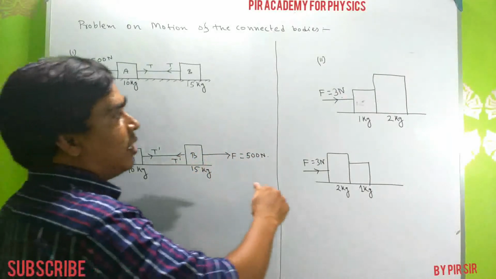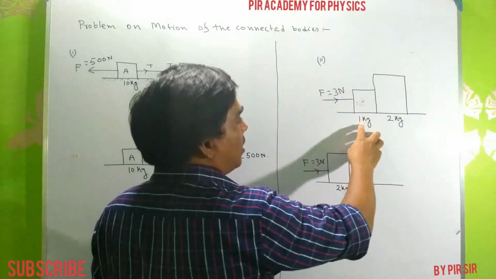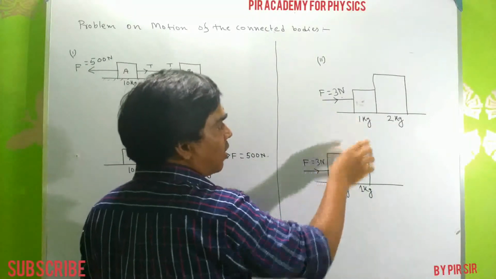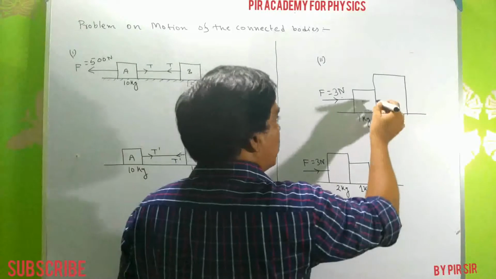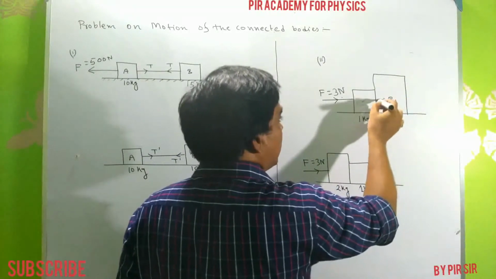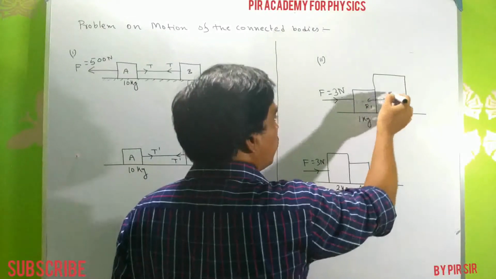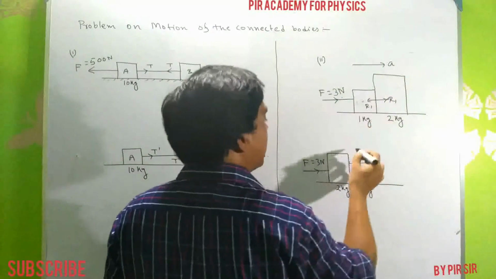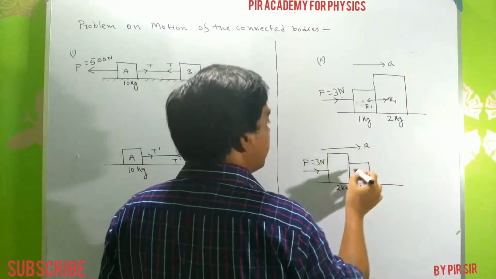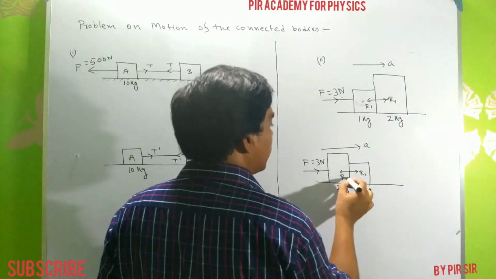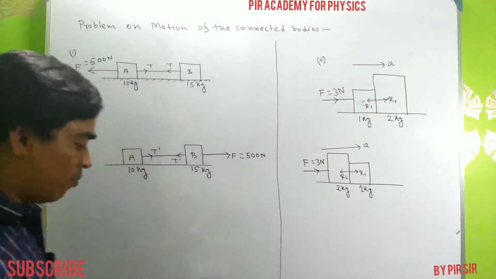And here are two bodies, 1 kg and 2 kg. You apply the force on 1 kg. Here you have to calculate the contact force R1 and the acceleration of this system.